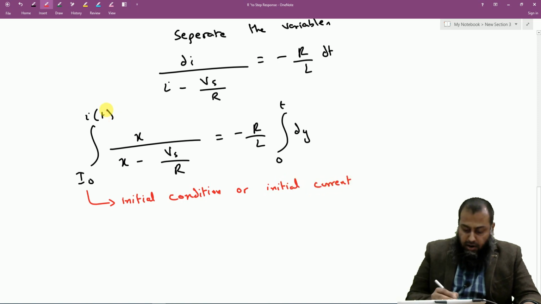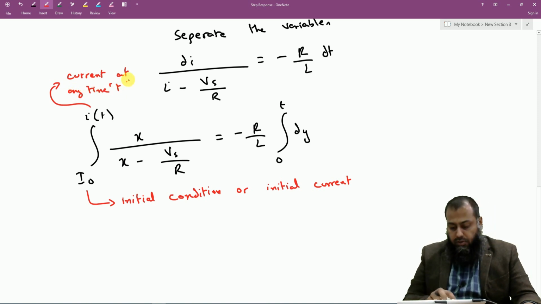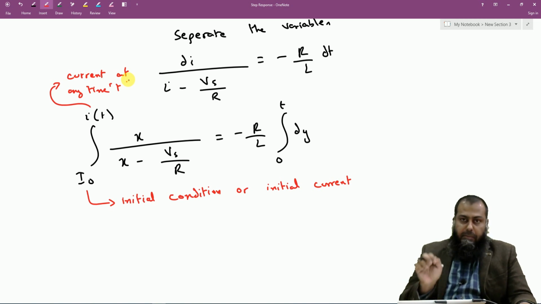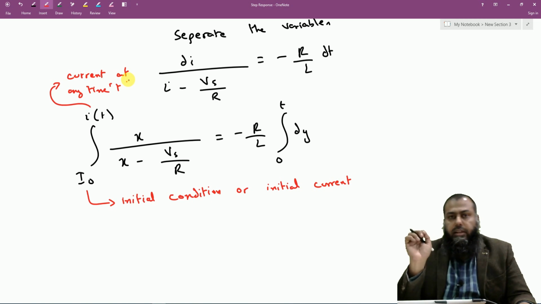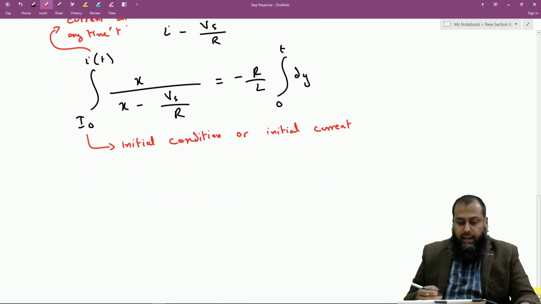And this i(t), the upper limit of this integral, is the amount of current at any time instant t. So if we solve this equation, we will be able to get the value of the inductor current at any time instant t. Let us integrate this and see what we get as a result.